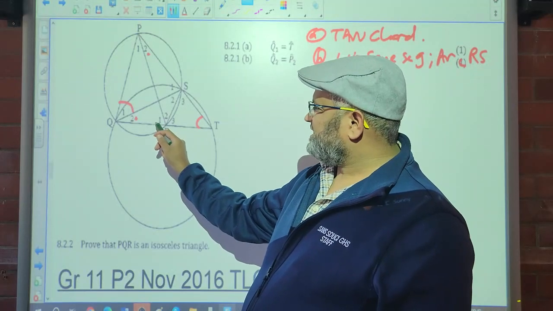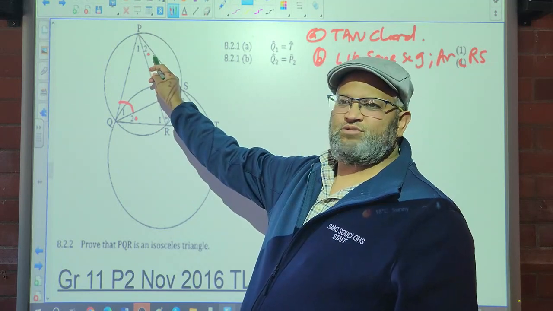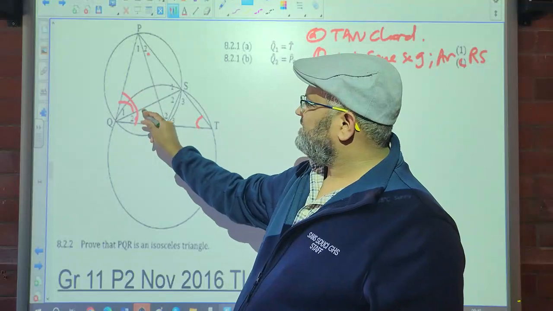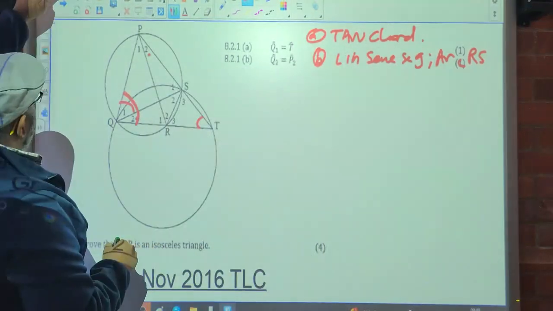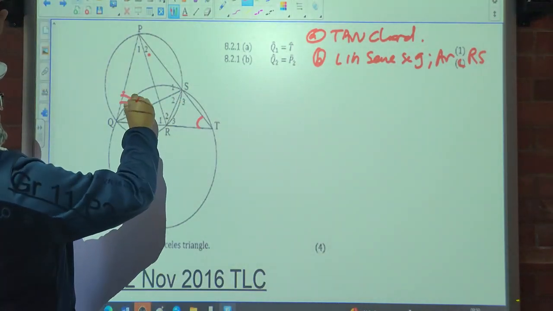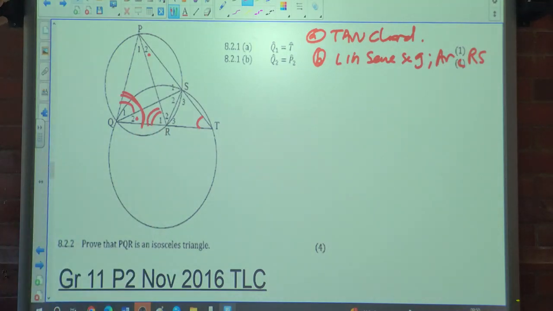Why? Because this R1 is actually equal to angle T plus P2. Can you see that, people? Why is that the case? Anybody? You don't have to put up your hand. Exterior angle of a triangle is equal to the sum of the two interior opposites.